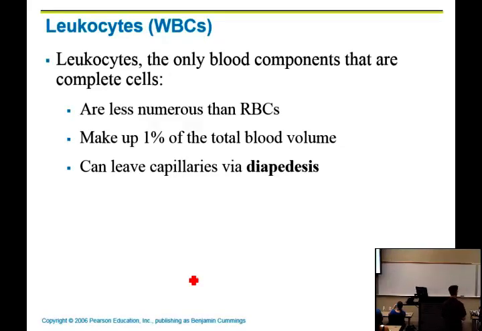As a security detail for the body, it doesn't make sense to have them only in the bloodstream, right? They need to be out amongst all the different cells and tissues, checking to see if we have a bacterial infection, if there are virus-infected cells, cancerous cells, or whatever. So they have to be out amongst the people, if you will.